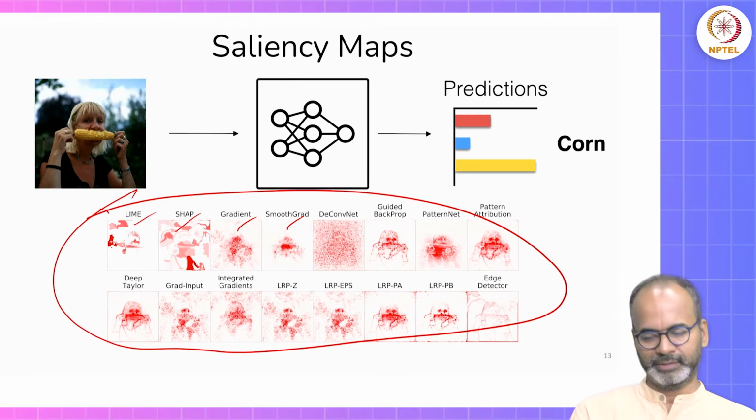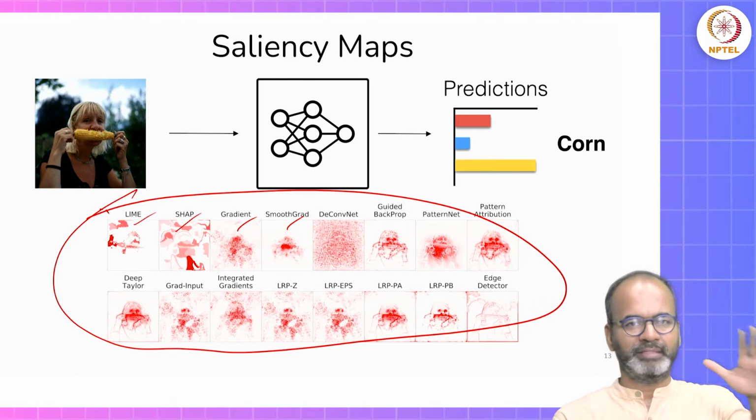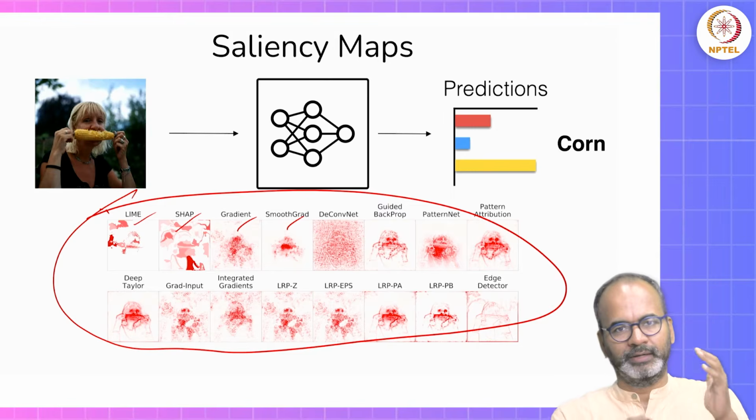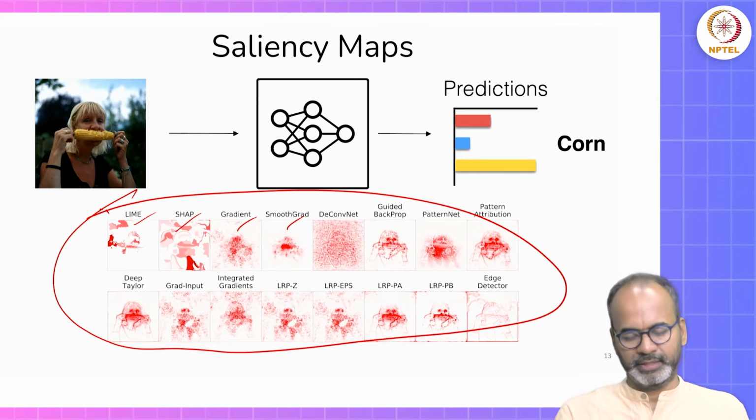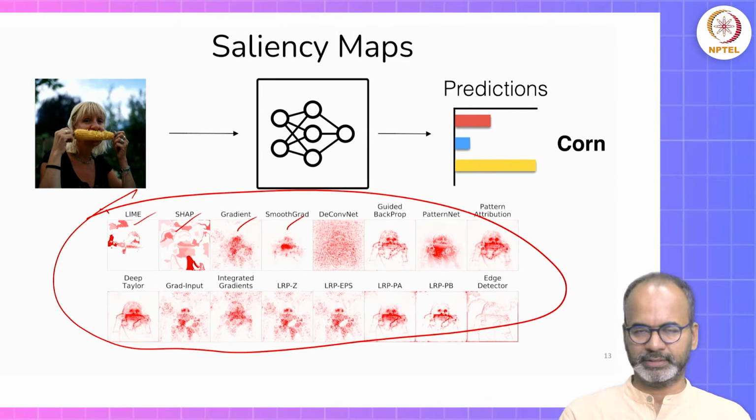I highly recommend some of you take a look at it and play around with it. But for now, the idea is that there are methods by which you can understand which part of the image is being used for classification. There are many methods built, and here is a list of methods that exist, and some of the methods that we have seen in detail.